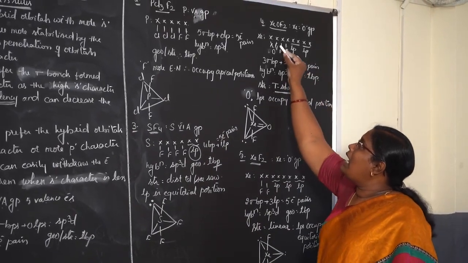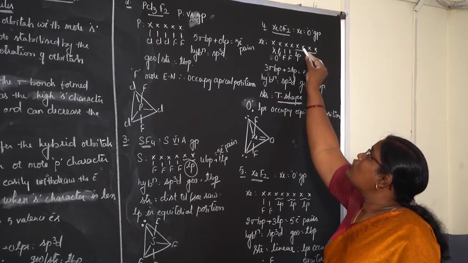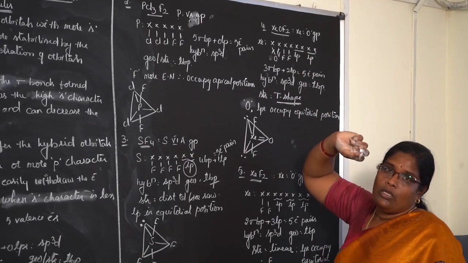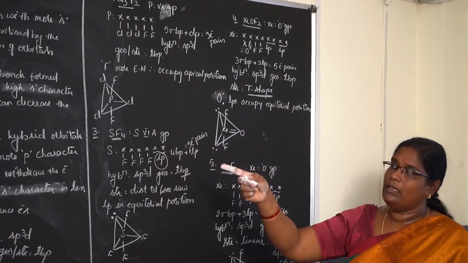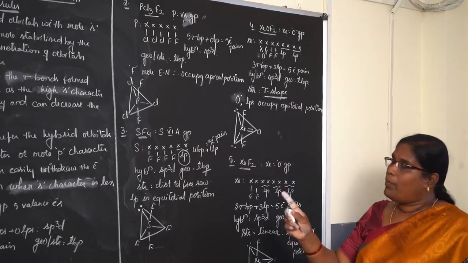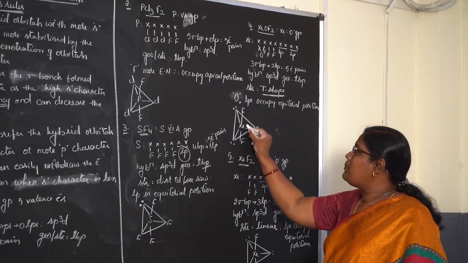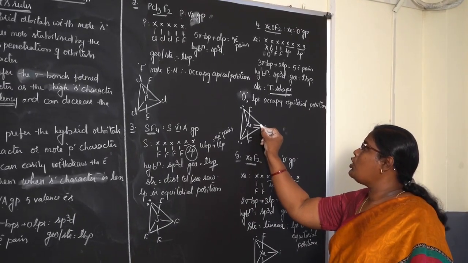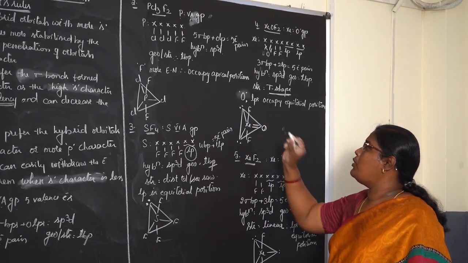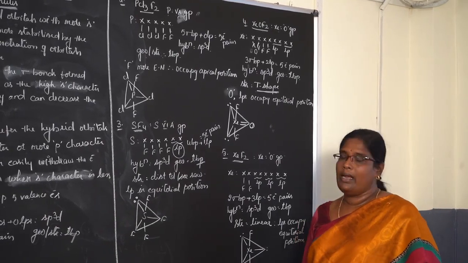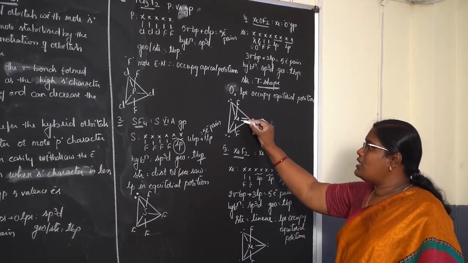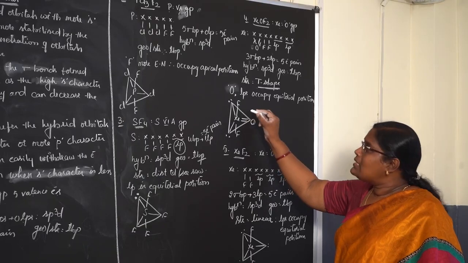So here we have a double bond and also the lone pairs. So where should we place them? Again we should apply the Bent's rule. Bent's rule says that multiple bonds must occupy equatorial positions in trigonal bipyramidal geometry as s character is more over here.